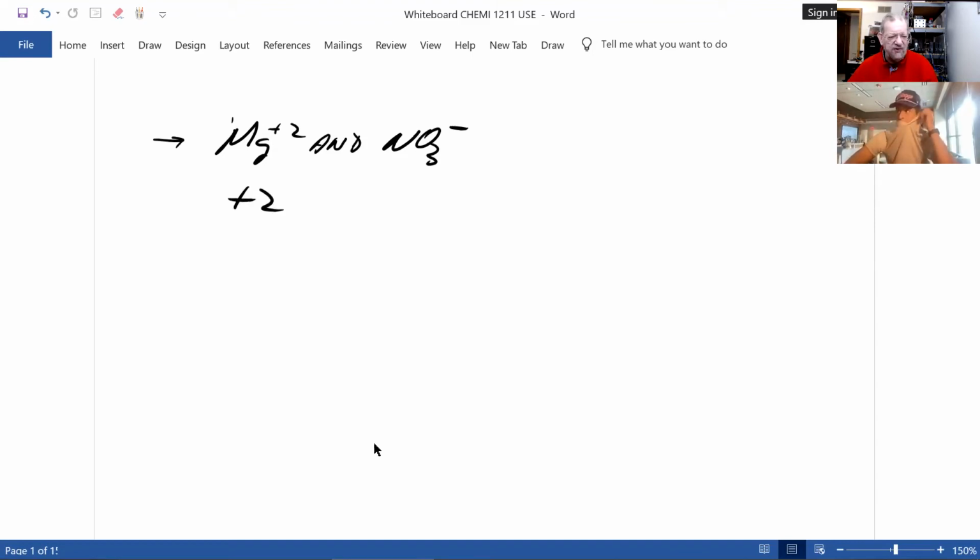All right, let's do this. This is a +2. This is a -1. How do we know? Right here and right here. This has to add up to 0. I got the line through it finally, but it doesn't. I can't change the charge, but I can change how many. So I'm going to put a 2 there, and now it adds up to 0, because 2 times -1 is -2 plus +2 will give me 0.